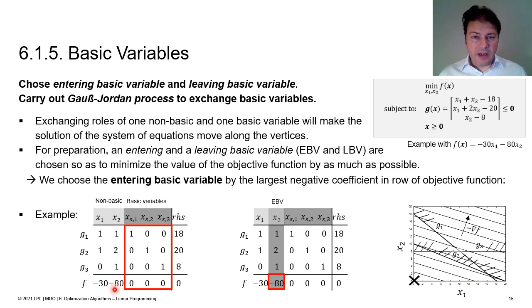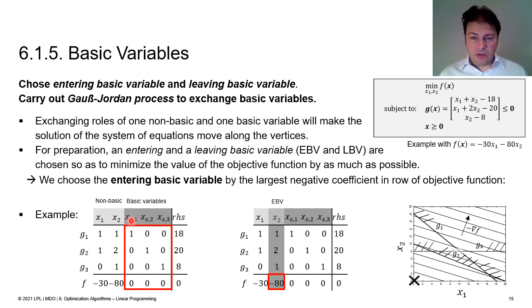We do that by choosing x2 to be a so-called entering basic variable. This is the one that we want to make a new basic variable. But in order to be able to do this, we need to remove one of these basic variables, which is like saying, let's not make a slack variable a basic variable, but instead a non-basic variable, which means that the slack variable will assume the value of 0, which again means that we will activate this constraint.